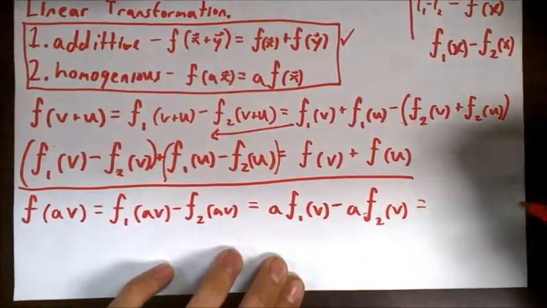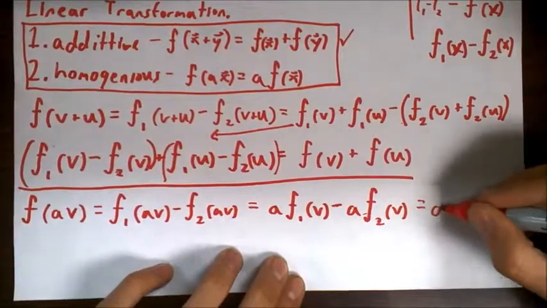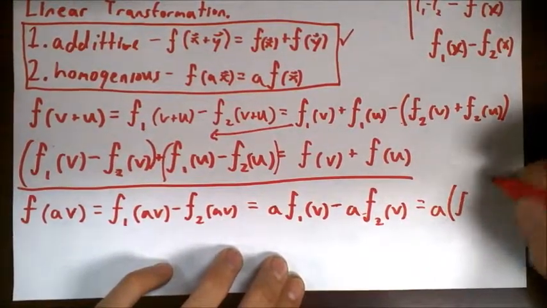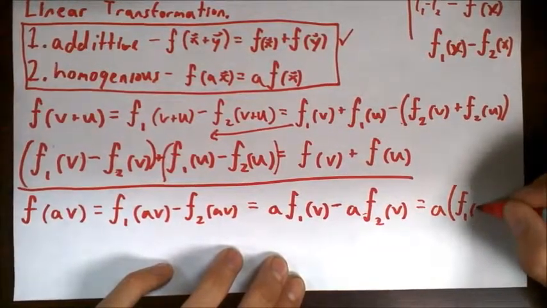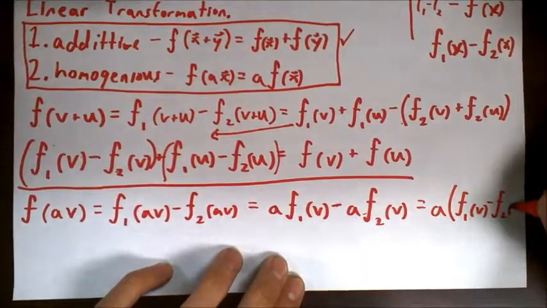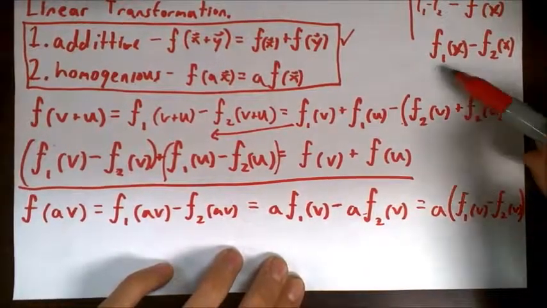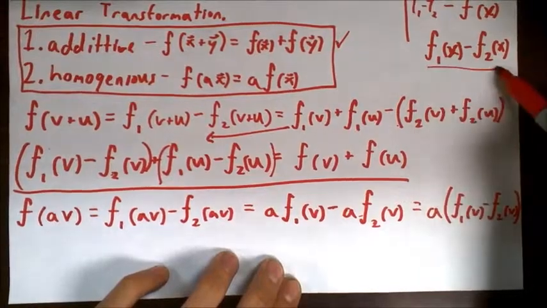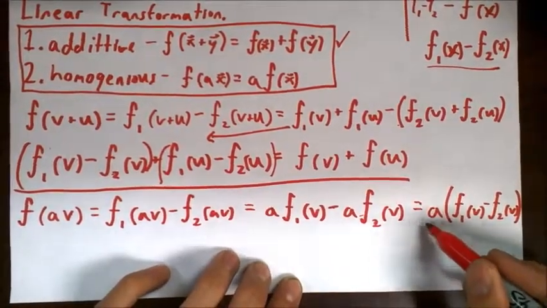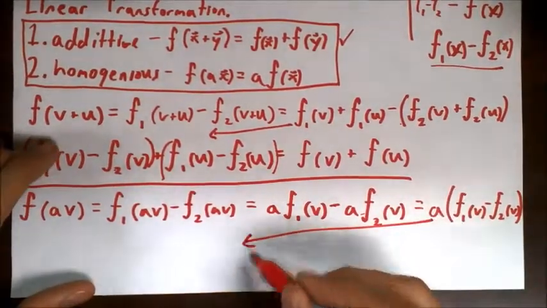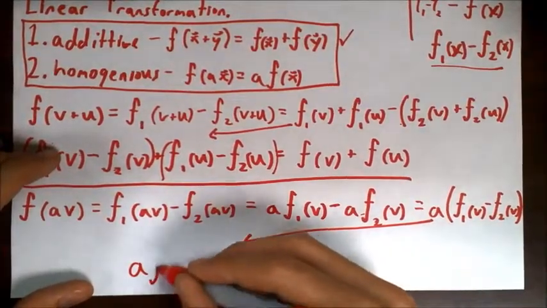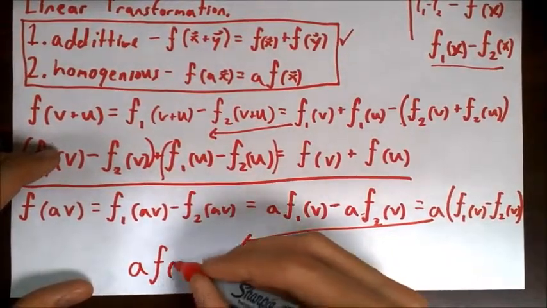We will now take out the a as a constant. So now, because of this again, this is the same as a times the function of v.